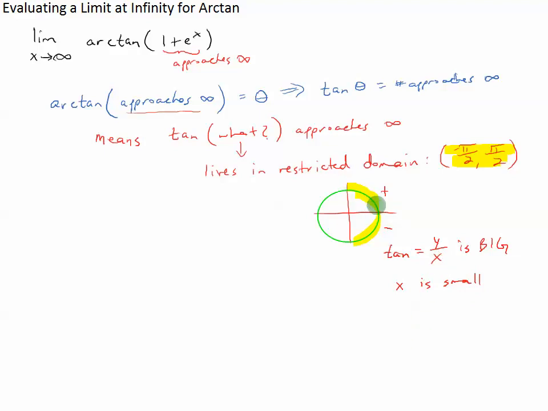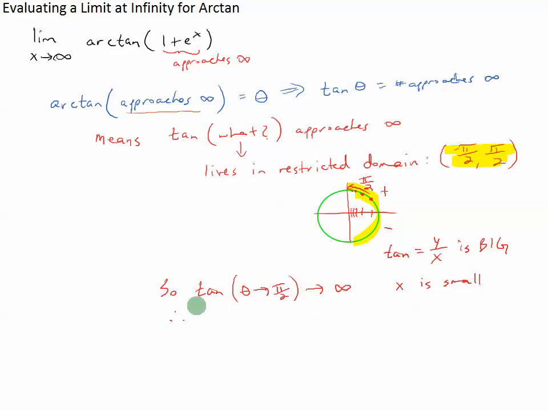So if you think about right here, where's x getting close to 0? Well, here x is a value, here x is getting closer to 0, and here x is getting closer to 0, and you can start to see that x is approaching 0 as our angle approaches what? Pi over 2, right? So for thetas that approach pi over 2, the tangent value then approaches infinity.